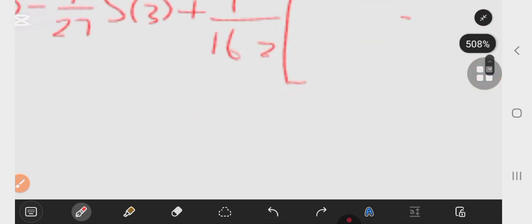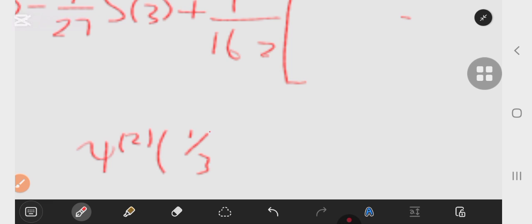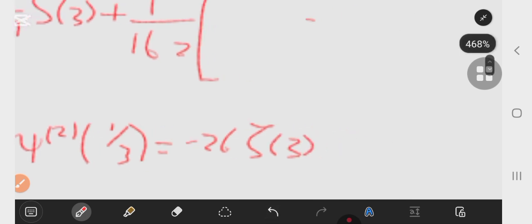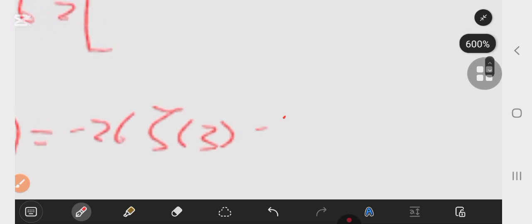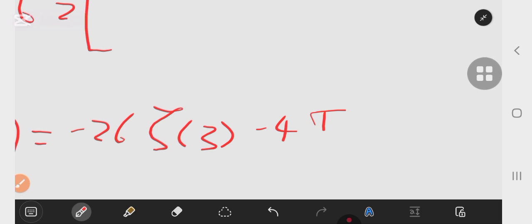Note that Trigamma 1/3 is equivalent to minus 26 zeta 3 minus 4 pi cube all over 3 root 3.